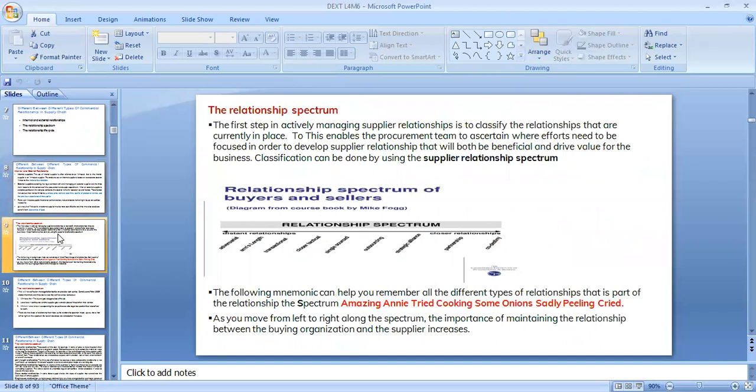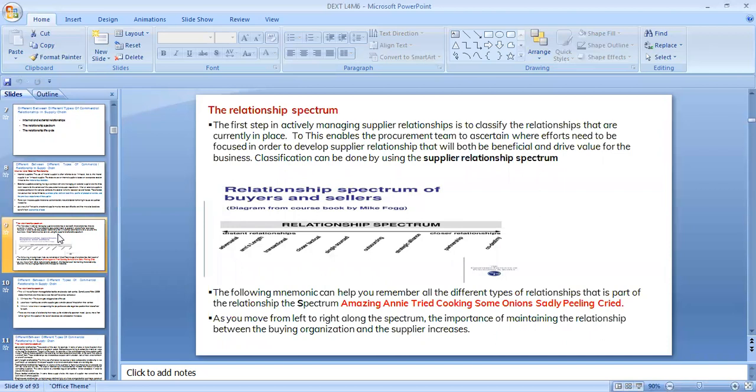So now let's take a look at the relationship spectrum. If you contract a supplier, for instance, to either supply a product or to carry out a service for you, both of you are going into a kind of relationship. True or false? True.